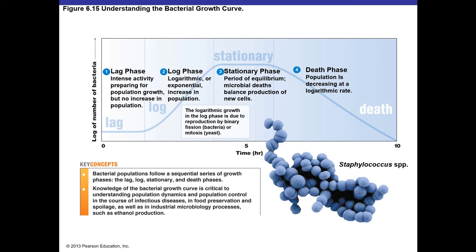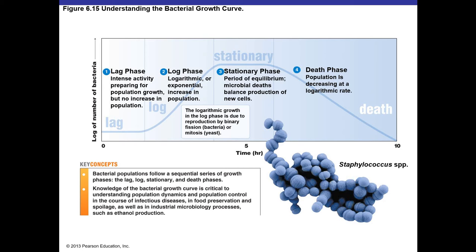That's when you want to actually be doing something to try to inhibit it if you're talking about an infectious agent. Hopefully, that eventually puts things into that stationary phase where you've turned the corner and you start to level off and eventually clear the infection.